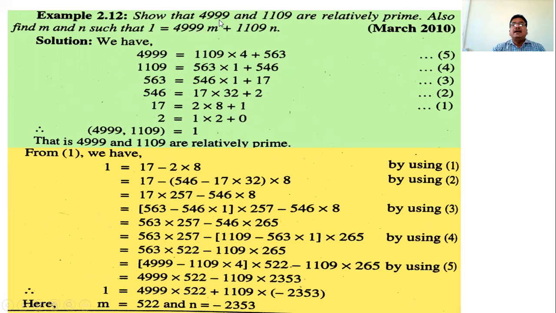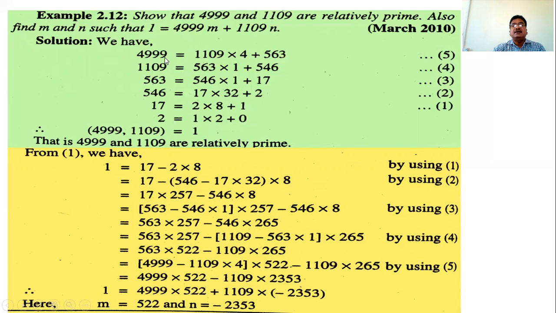So divide the larger number by the smaller number. 4999 divided by 1109, by using a calculator, we get 4 point something. Then 4 is the quotient. So first we have the quotient 4. Then 4999 minus 1109 into 4. If we do this calculation on the calculator, we get the answer 563.